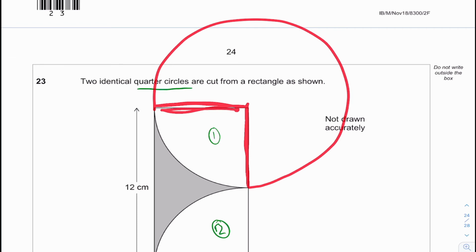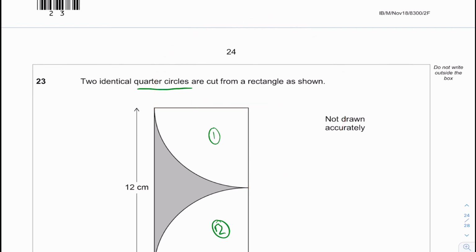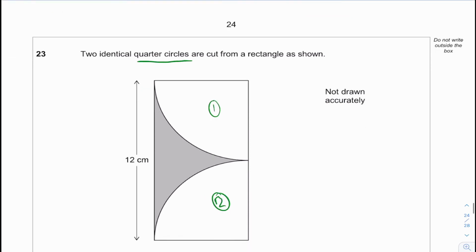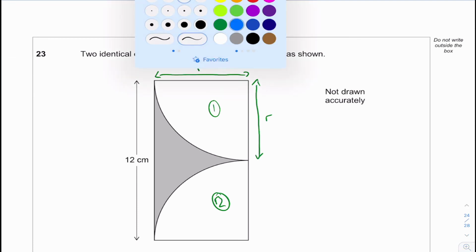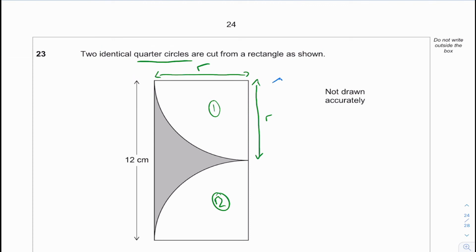These are both the radius of the circle, as they're of course half of the diameter. So if this length here is the radius, as is this length here, we can see that on the vertical length, this entire length all the way down here is going to be 2 lots of the radius.